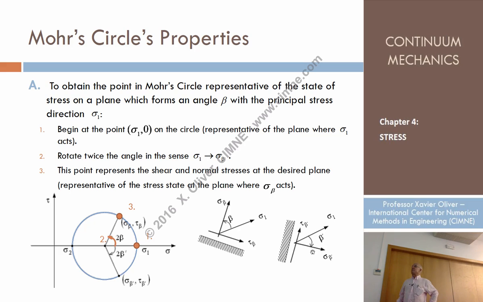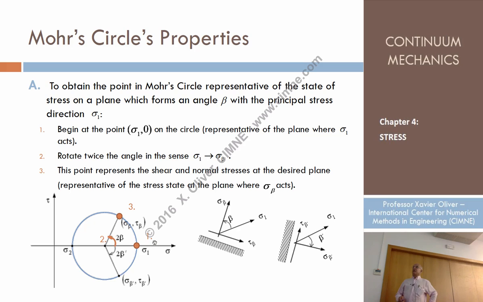Imagine that we want to compute the representative point, the stress state in a plane, and the normal to that plane. We can consider that the angle beta is all that, but we can also consider that the angle beta is that. In terms of the angle beta, that would be negative, but we just pay attention to the sense. So for going from sigma 1 to sigma beta, the sense is clockwise.